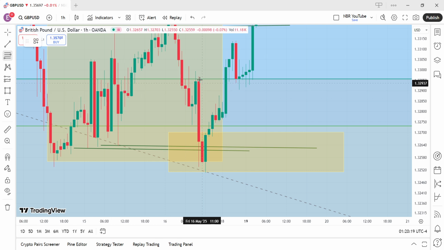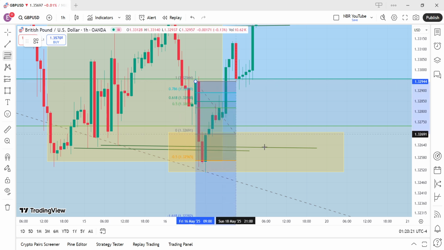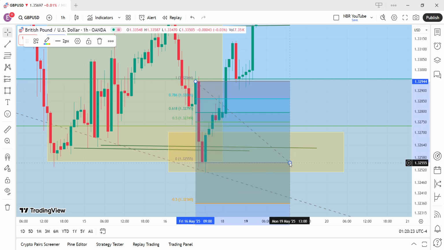Look, it got into 0.618 and a swing high already formed. And it was during the weekend. It was on Friday, so you cannot take any trade on Friday. And I'm going to talk about this.